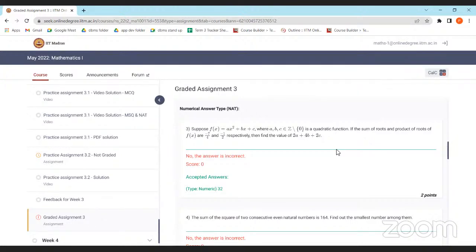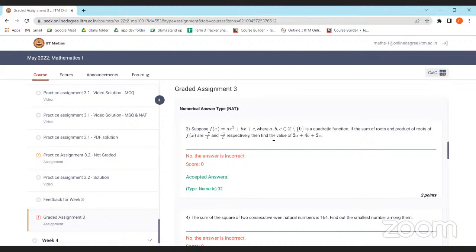I divided it and put 6.25, but I forgot that the question says a, b, c belong to integers, Z, so the answer cannot be 6.25. The correct answer is 25. So my query is: when the answer is 25 by 7, do we have to put only 25, or am I interpreting it wrong?